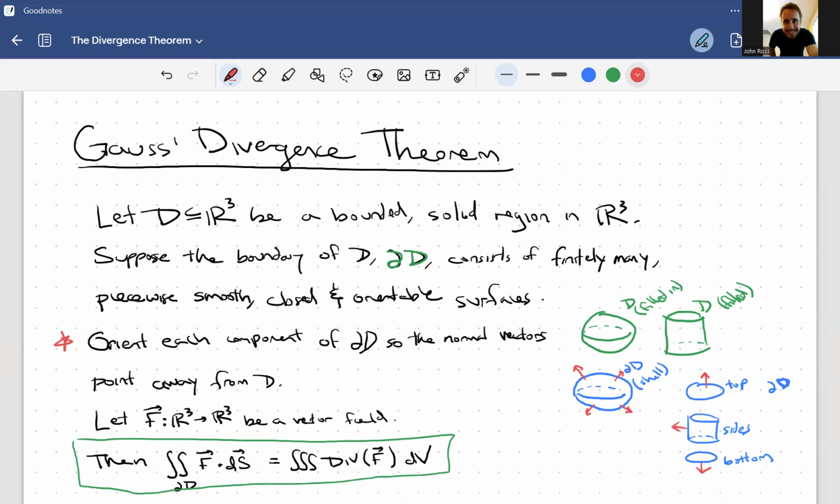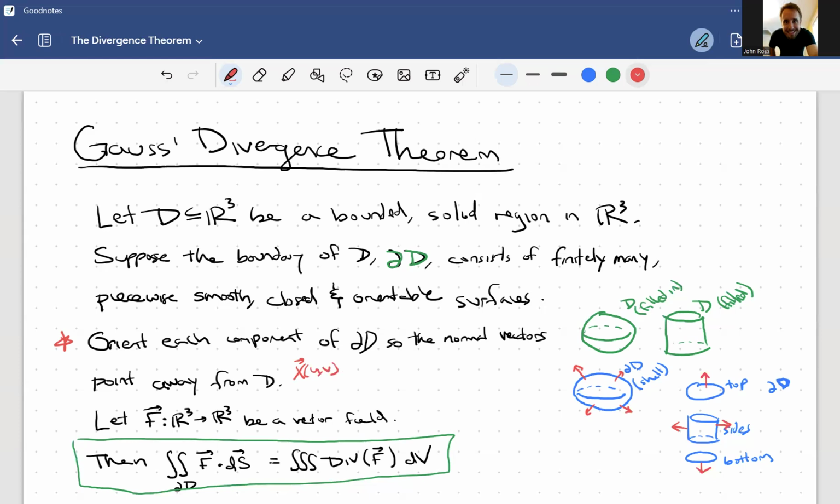So everything is pointing out of the surface. That means for our top disk, it's pointing up into open space, and for our bottom disk, the normal vector is actually pointing down into open space. We're going to orient each component this way, and we're implicitly assuming that we're creating x of uv parameterizations that can describe these surfaces.